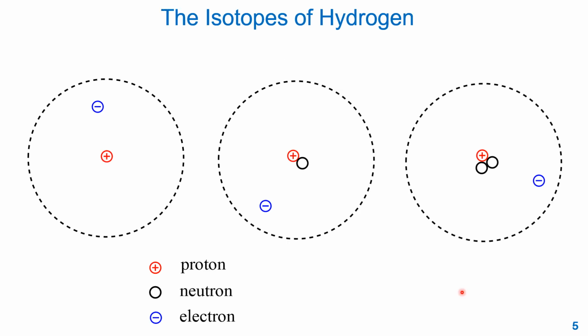Okay, now let's look at the isotopes. So this is the hydrogen element. See, this shows 3 different atoms of hydrogen. So one element could have different atoms with different nuclei. But they must have the same number of protons.